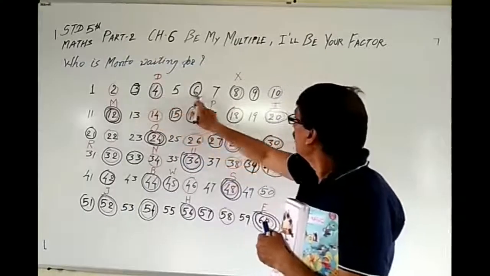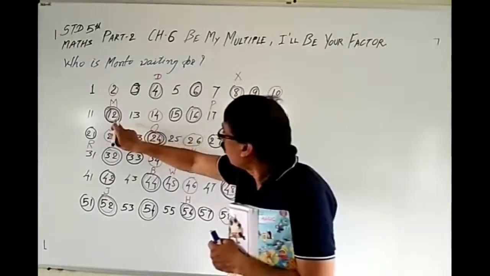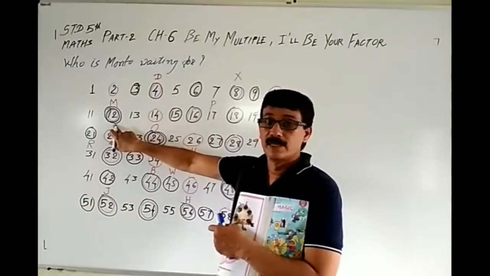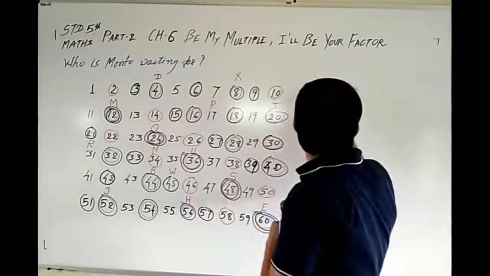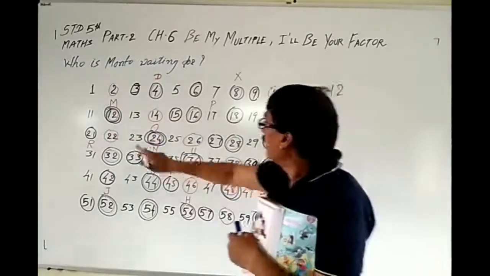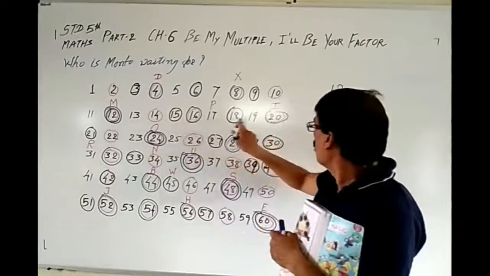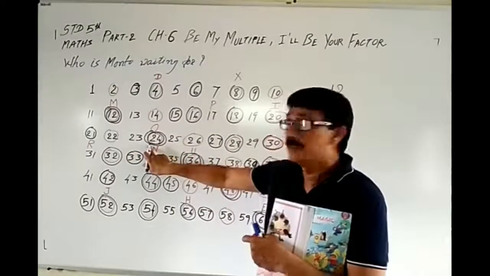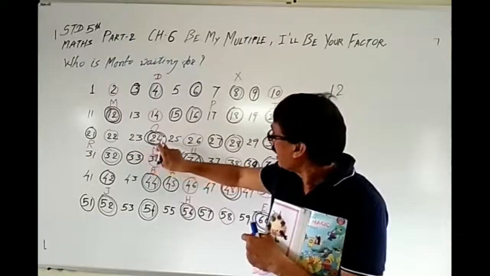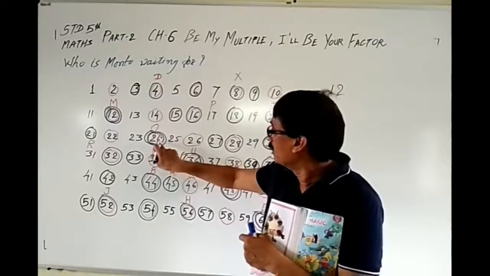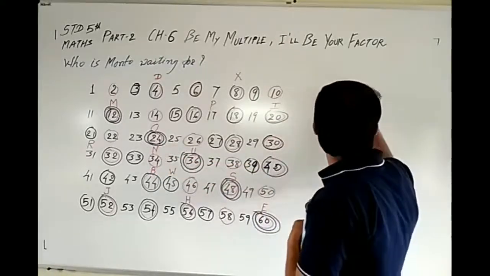See, here can you see all the 3 dots over here? And that is 12. Then let's go. Yeah, here. You can see 24 has red, black and blue. That is why it is 24.